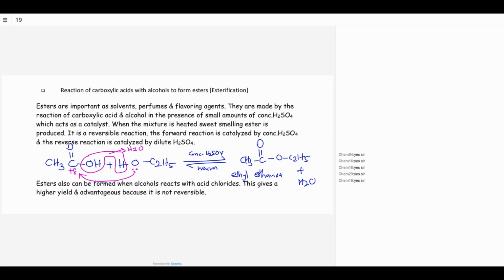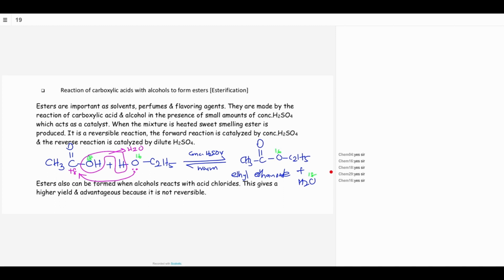If your oxygen is labeled, say I will label this as O18 and this as O16, then 16 should come to the ester, and 18 should go to the water.